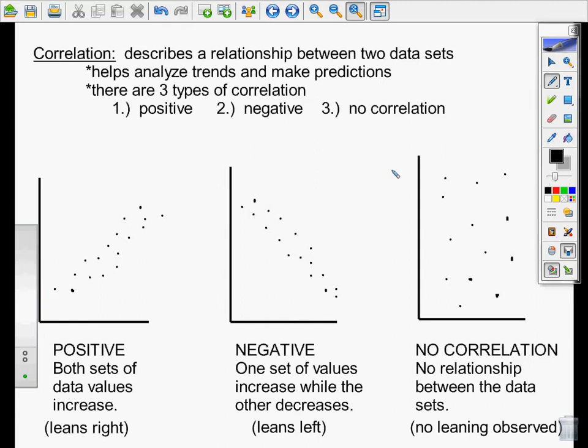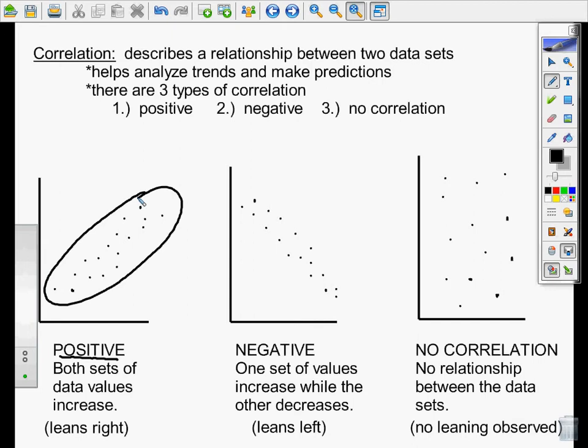We have positive correlation. Now what's going on visually is, do you see the points kind of leaning to the right? They're leaning towards the right side. And because we see the cluster of points leaning to the right, we would call that a positive correlation.